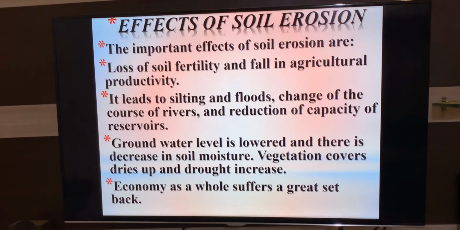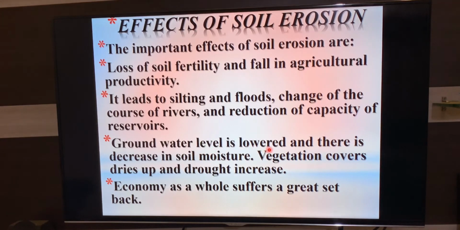So we learnt the effects of soil erosion: loss of soil fertility, fall in agriculture productivity. It leads to silting and floods, change of the course of rivers, and reduction of capacity of reservoirs.